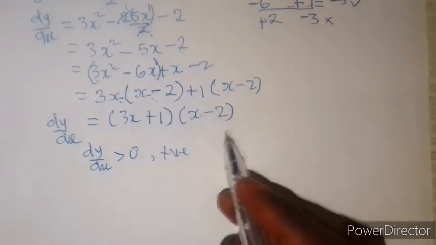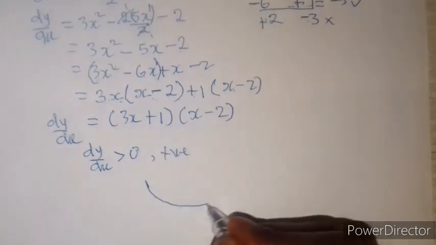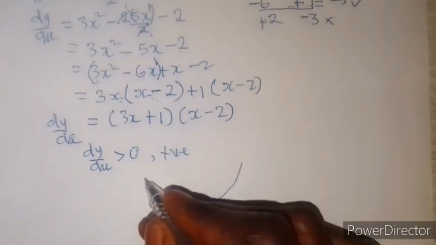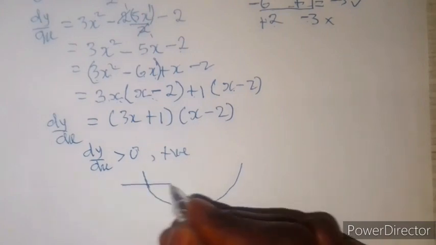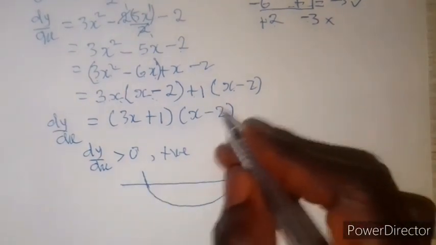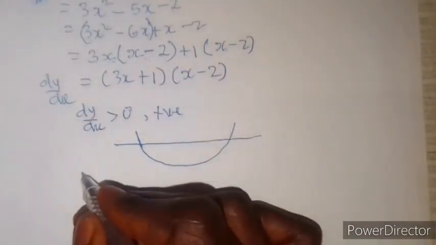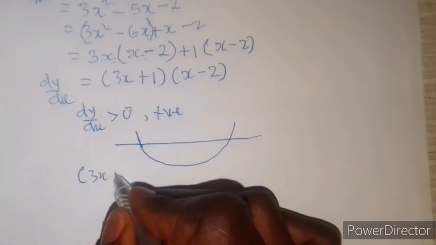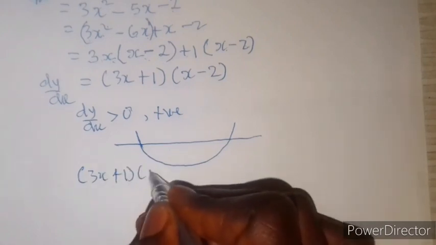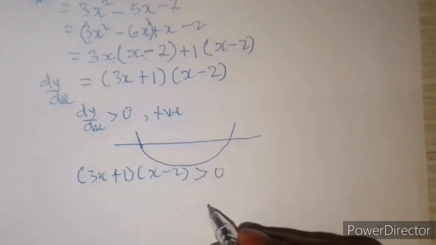So what do we do here now? If you draw this particular graph, you will see that we are going to have something like this. And if we come down to this place here, you will see that 3x plus 1 and x minus 2 must also be greater than 0.